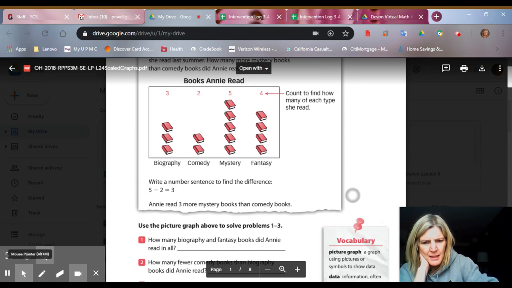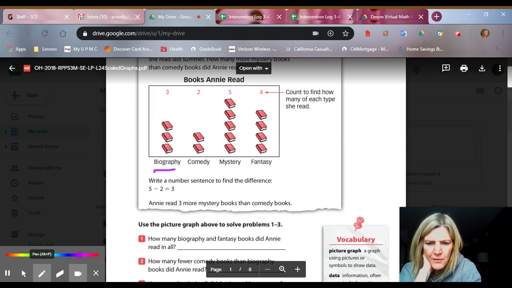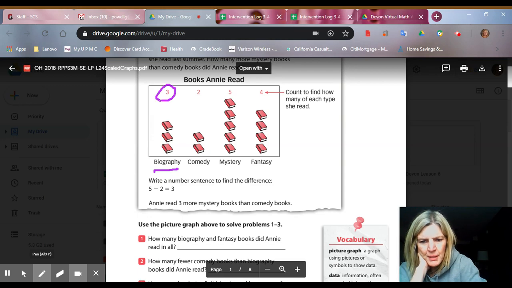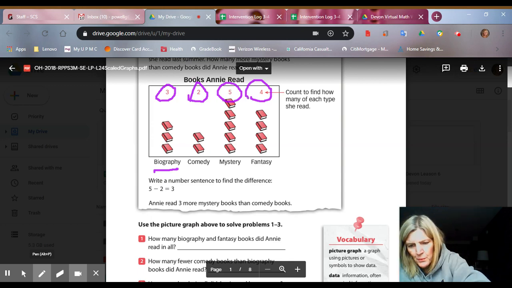You need to add how many biographies? 3 biographies plus 2 comedies plus 5 mysteries plus 4 fantasies. Once you add all those up, that will tell you how many books she read over the summer. 3 plus 2 plus 5 plus 4.